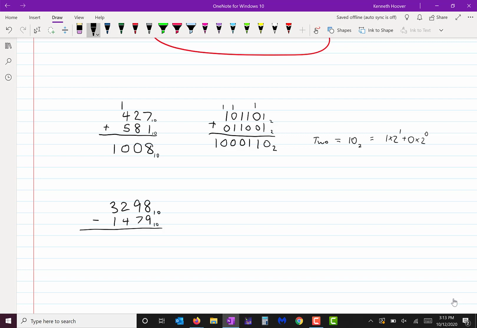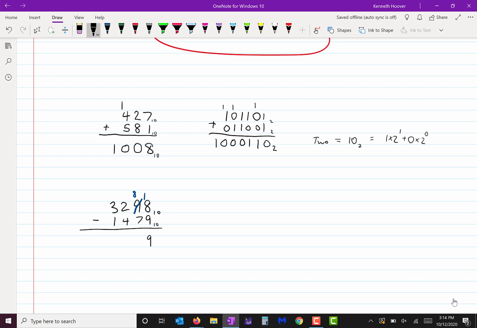Well, in the first column, I can't take 9 away from 8. So what do we do? We borrow from the next column over, right? And we cross that 9 out and we replace it with an 8. And we borrow the 1, right? Now I have 18 minus 9, which is 9.